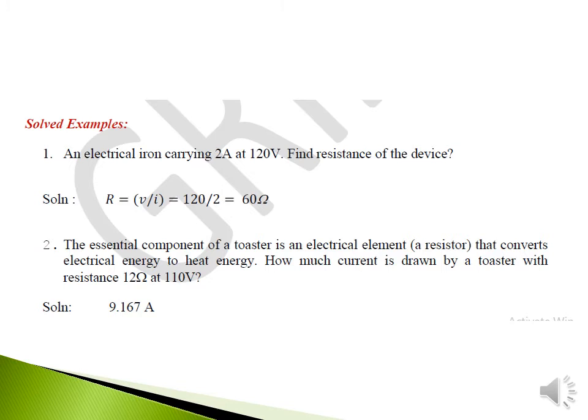Here the given data is voltage equal to 110 volt and resistance 12 ohm. We have to use the formula I is equal to V by R, so the answer is 9.167 ampere.